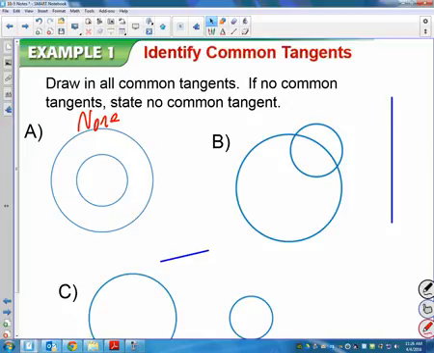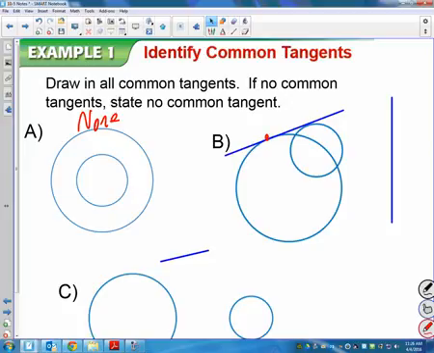So, what about B? I'm going to draw one like here. Sort of, right?